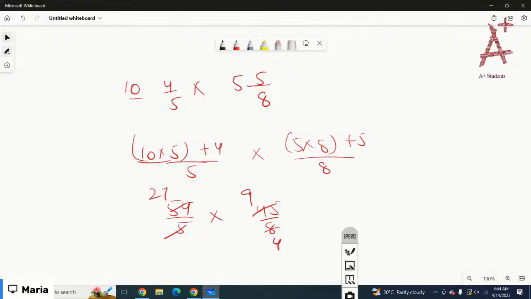Got it? Now you can't divide anymore, so you have to multiply. You need to do 27 over 1 times 9 over 4. 27 times 9 is 243. So it would be 243 divided by 4. Got it?